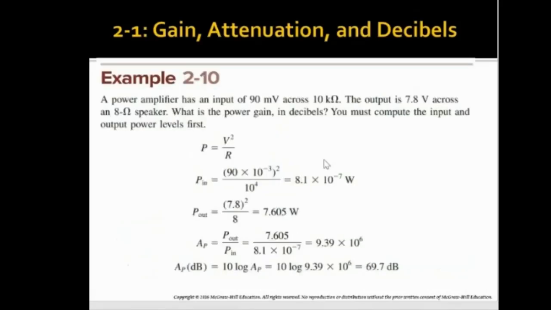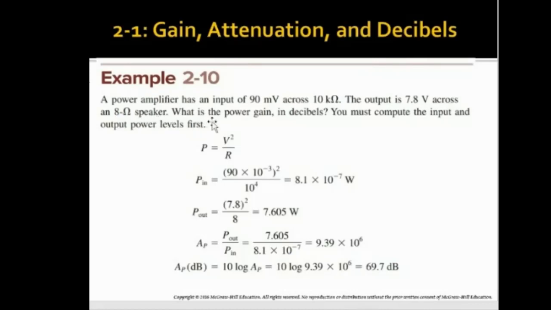Okay, I have one more example. A power amplifier has an input of 90 millivolts across 10 kilo ohm. The output circuit is 7.8 volts across an 8 ohm speaker.